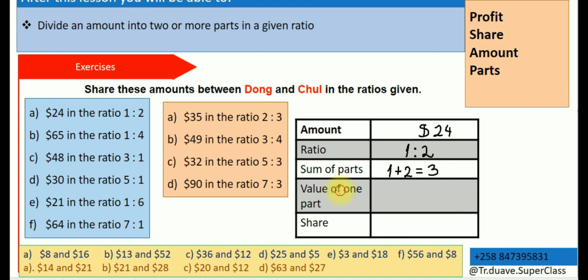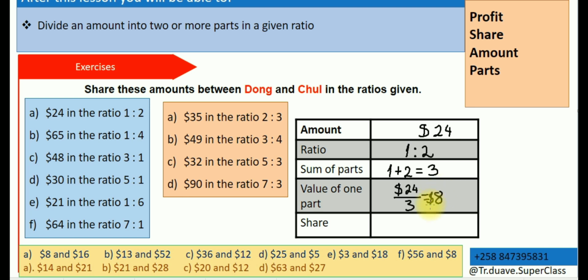For the value of one part, you take the amount 24 and divide it by 3, and the result is 8. Then we want the share, and this is $8. Do not forget it.